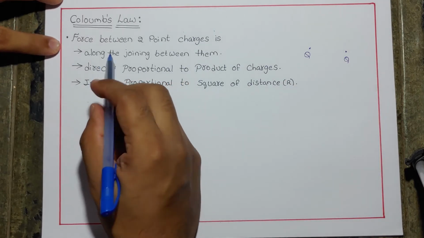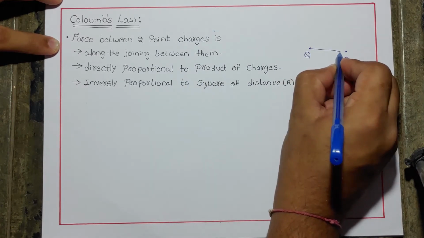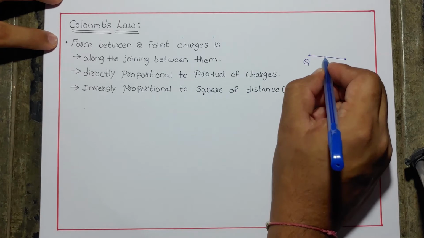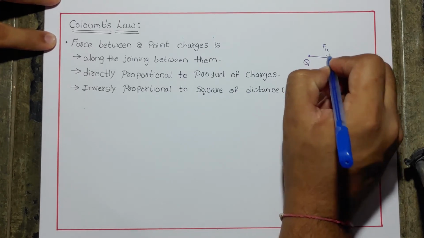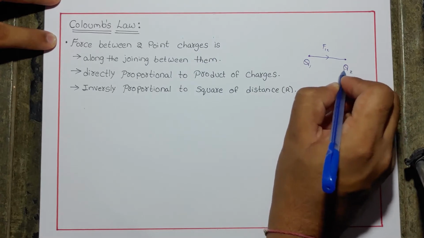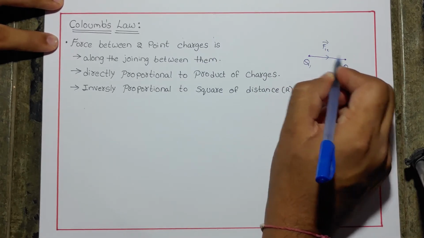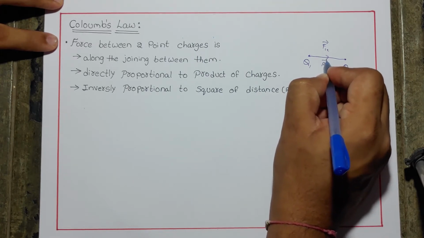According to the first statement, the force is along the line joining them. It is a line joining, and the force acts along this line, from charge 1 to charge 2, with distance R12.